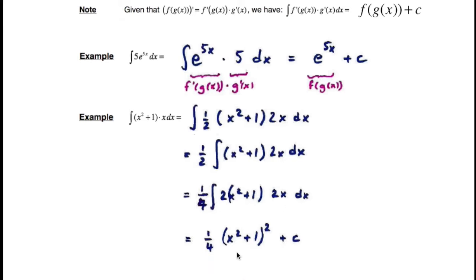The original function is x squared plus 1 squared all over 4. Now we can quickly check. If I take the derivative of that, x squared plus 1 squared, it's going to become 2 times x squared plus 1 times the inside derivative.